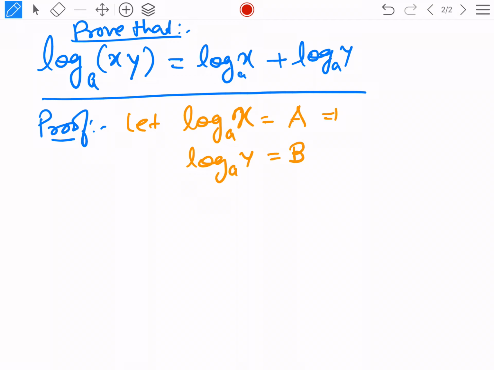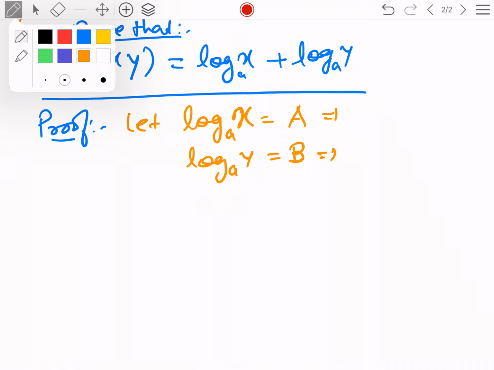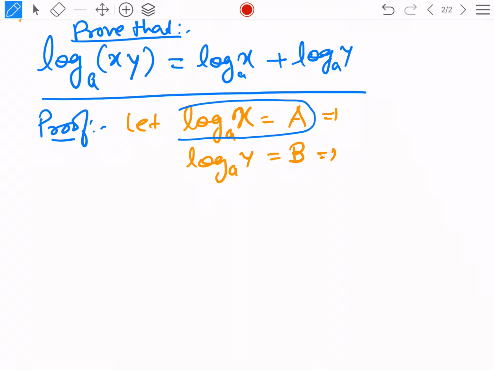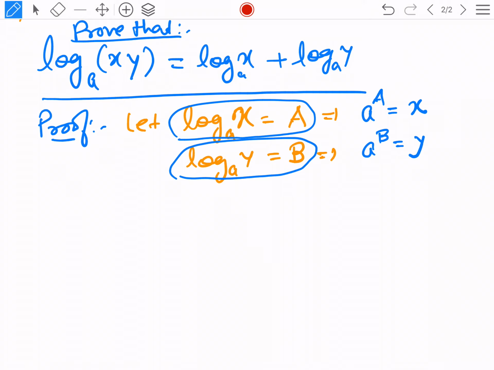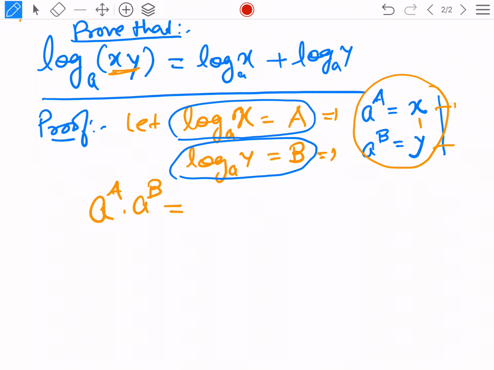So convert both expressions into exponential form. It will be a to the power of A is equal to x, and similarly a to the power of B is equal to y. Because we want to find the log of x into y, we multiply both equations. Multiplying equation 1 and 2, left hand side with right hand side, we get a to the power of A into a to the power of B is equal to x into y.